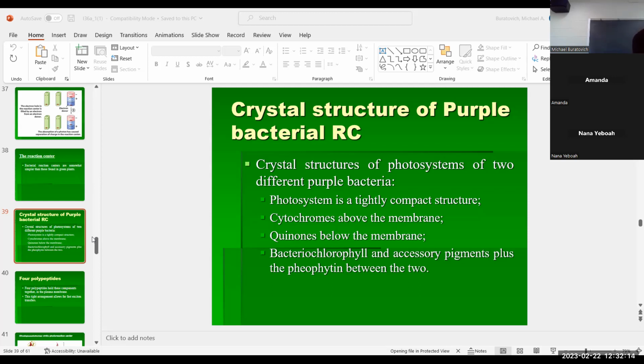So the main groups of photosynthetic bacteria are purple, the green bacteria, and the blue-green.